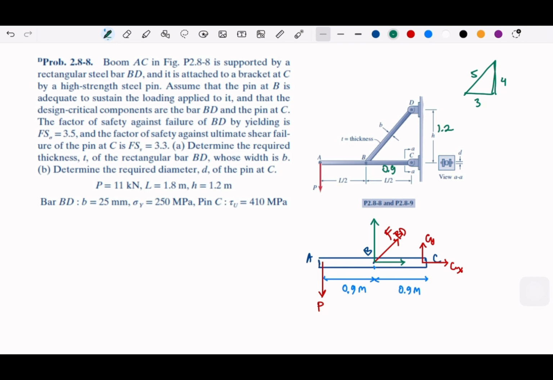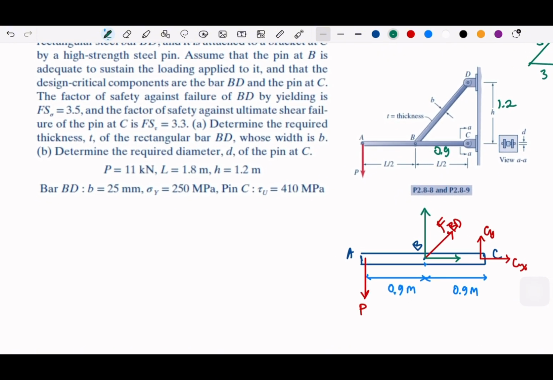In the information, for the bar BD, the thickness is 25 millimeter, the sigma yield is 250, and the shear ultimate is 410 megapascal. This yield and ultimate will be used for the safety factor. So we have safety factor here and here, right?